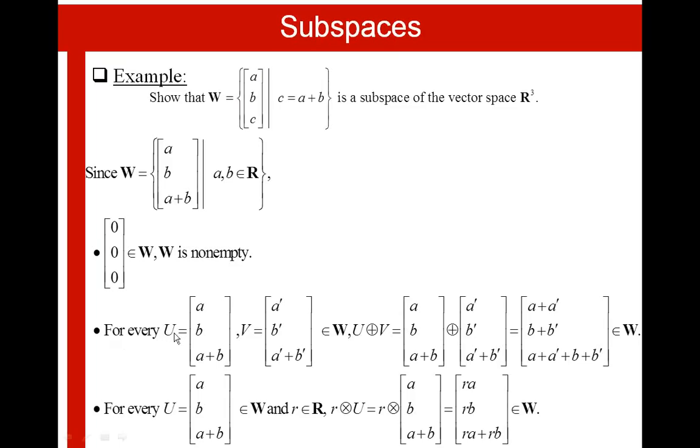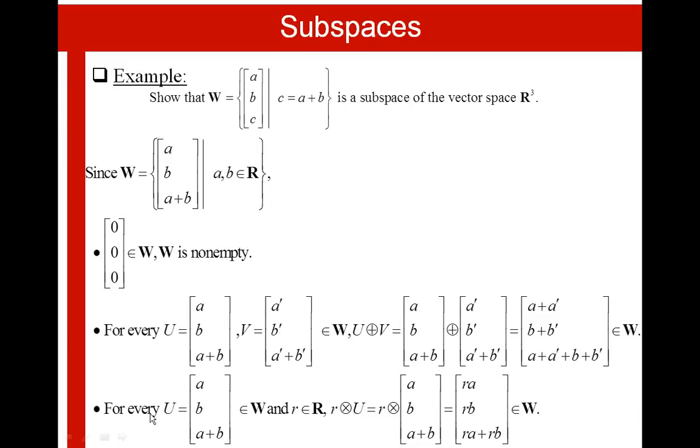Also, if we take two vectors that have exactly the same form as the vectors here, any vector in W, but in particular U and V, and we add them up, we obtain this outcome here. It is clear that this outcome belongs to W since it has the same form as the original one.